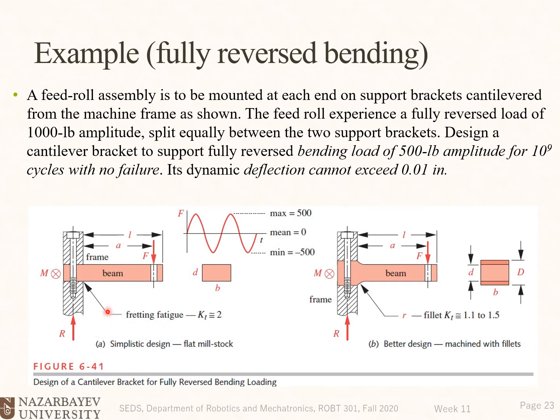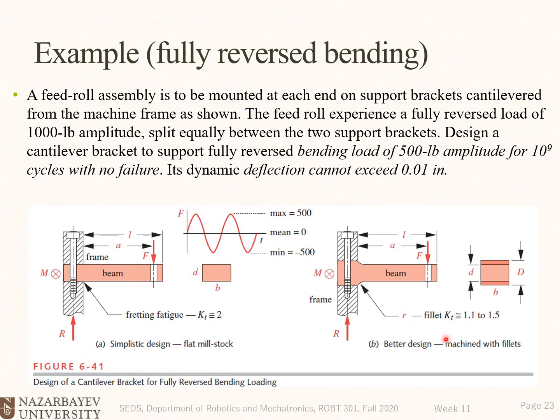We could have 2 possible designs. One is the simplistic design, and you see that here we have sharp changes. We don't have a fillet, so the geometric stress concentration factor is high, KT is 2, or we could have a fillet and the stress concentration factor will be less, something between 1.1 to 1.5.